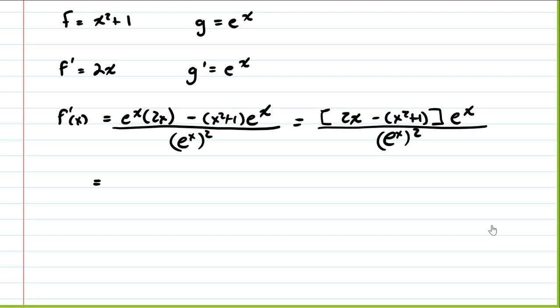Distributing and collecting our like terms, we have negative x squared plus 2x minus 1. And then here we have 2 e to the x's, and here we have 1 e to the x, so one factor reduces out, and we get over e to the x. So then our derivative is something that looks like that.